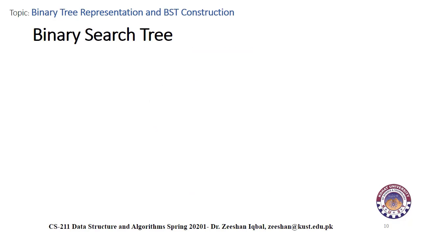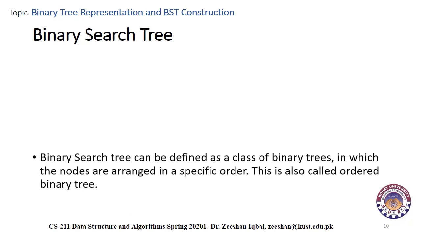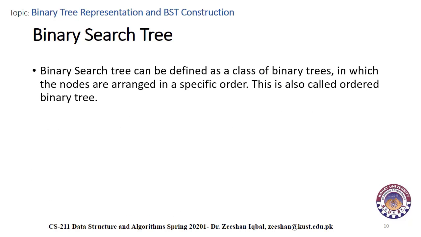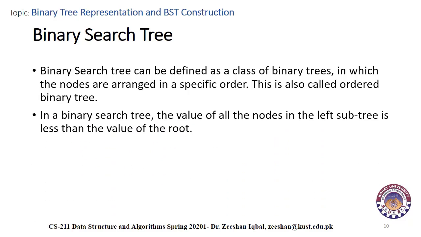Binary search trees are special trees which can be defined as a class of binary trees in which the nodes are arranged in a special order. This order is known as an ordered binary tree. In a binary search tree, the value of all the nodes in the left subtree is less than the value of the root.